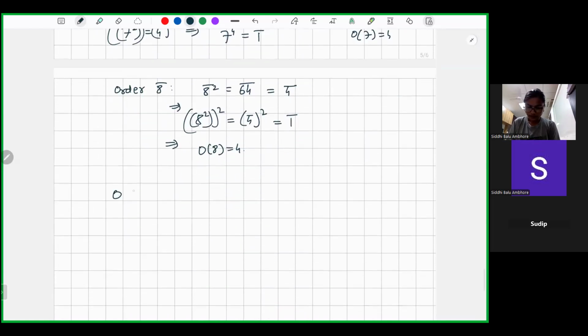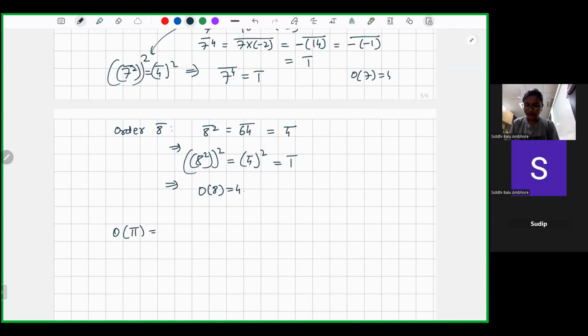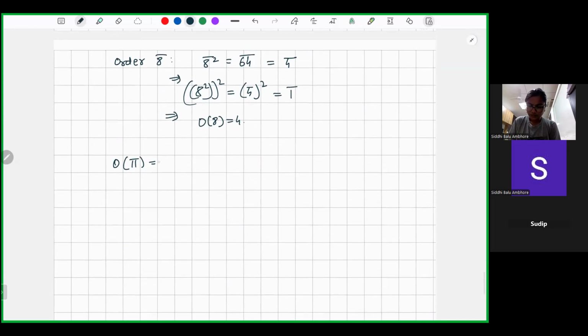Again, I want to find now the order of 11 bar. 11 squared is 121, so directly we get 1 bar here, that's not a problem, because mod 15.